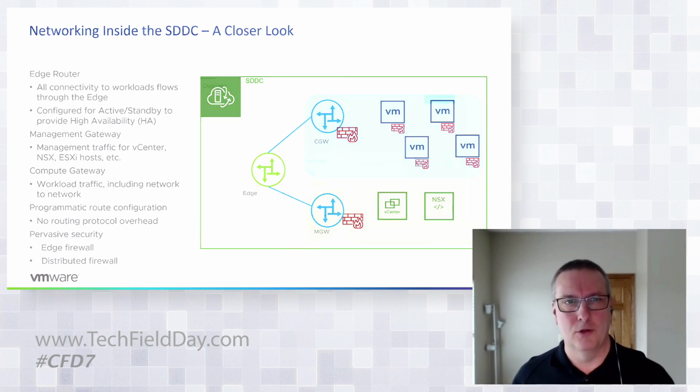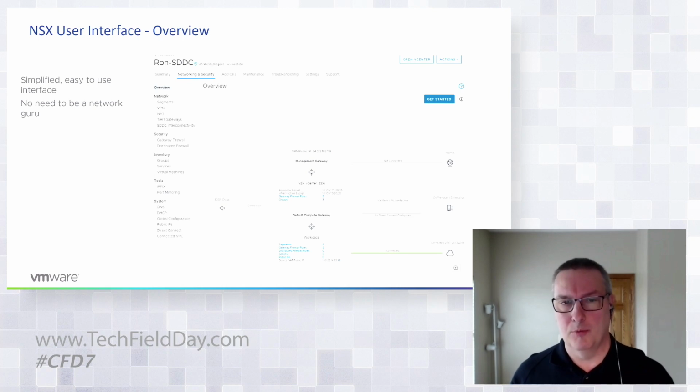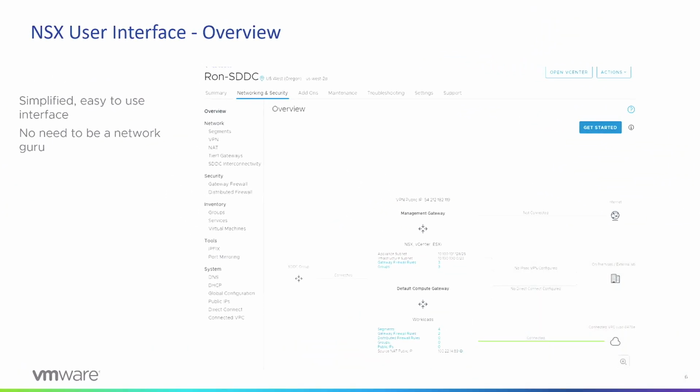So when we talk about the simplified user interface, if you're used to the on-premises environment for NSX, this is a pretty significant departure. If you're not used to it, this actually is very simple to consume and to take advantage of quickly, which is one of the goals of VMware Cloud on AWS, right? It's to make customers successful quickly without having to jump through a bunch of headache and heartache. So you can see there's just a list of things you can configure on the left-hand side. And this is really the majority of the networking functionality that's there.